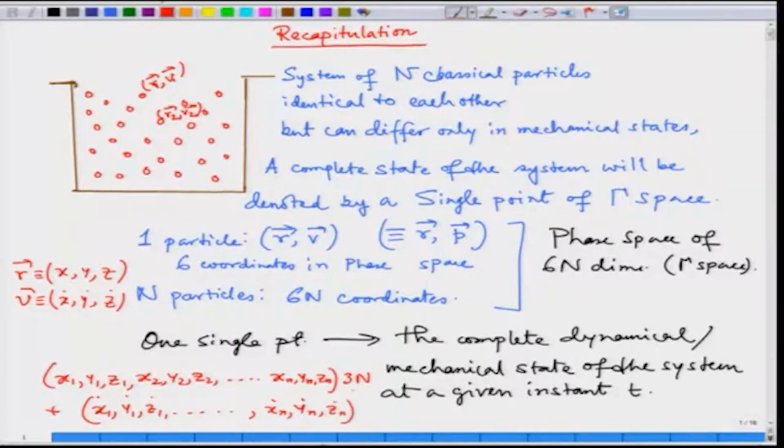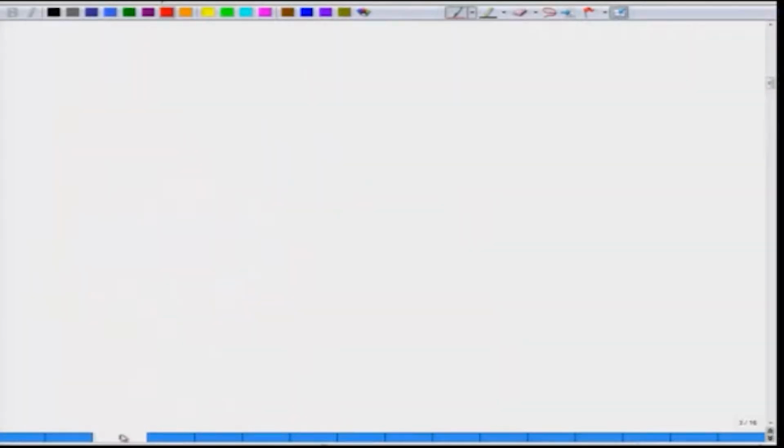Now I combine all of them, and you have 6n coordinates, and that is one single point in your gamma space. This is gamma space.